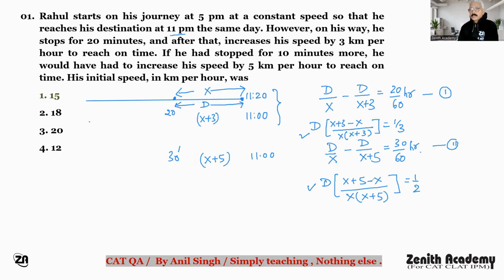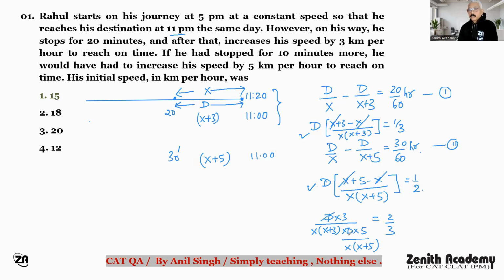So first of all, cancel this and this. So 3 by x plus 3, into 5 by x plus 5, is equal to 1 by 3 by 1 by 2. So it is 2 by 3.